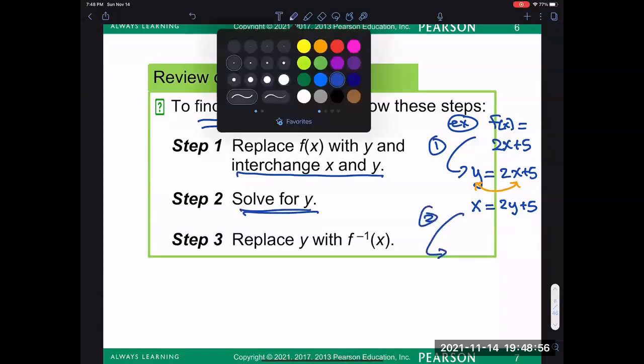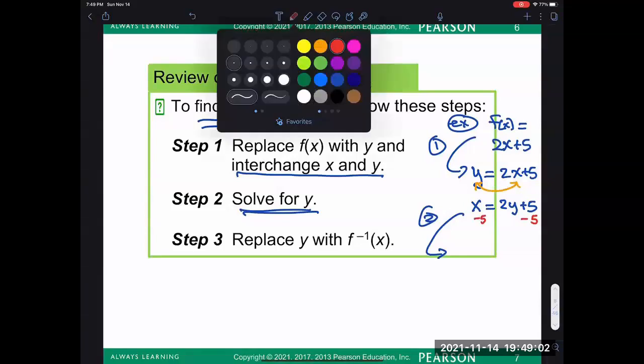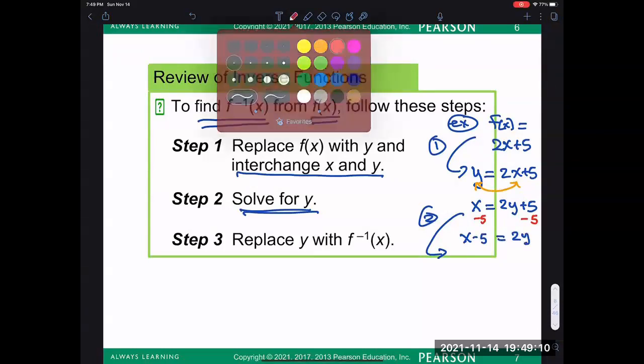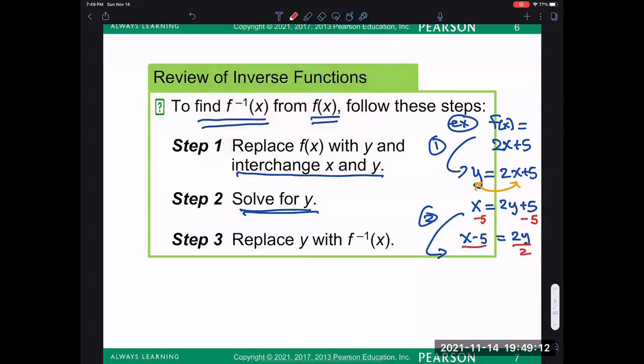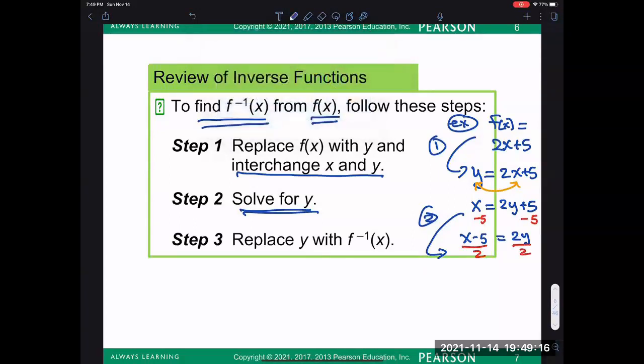So let's remember mathematically what we would do: subtract 5 from both sides. And that would give me that x minus 5 is equal to 2y. And then I would divide both sides by 2. So then I would end up with the fact that x minus 5 over 2 is equal to y.